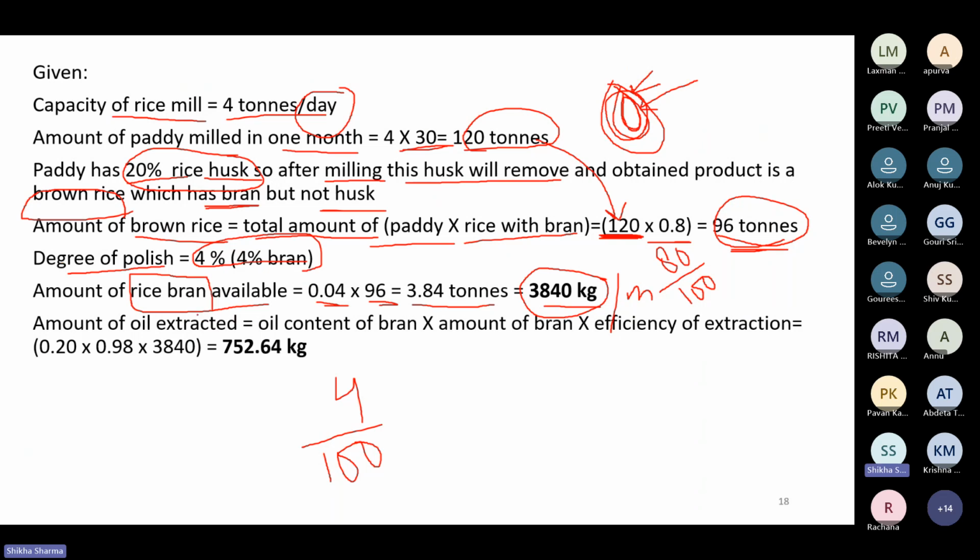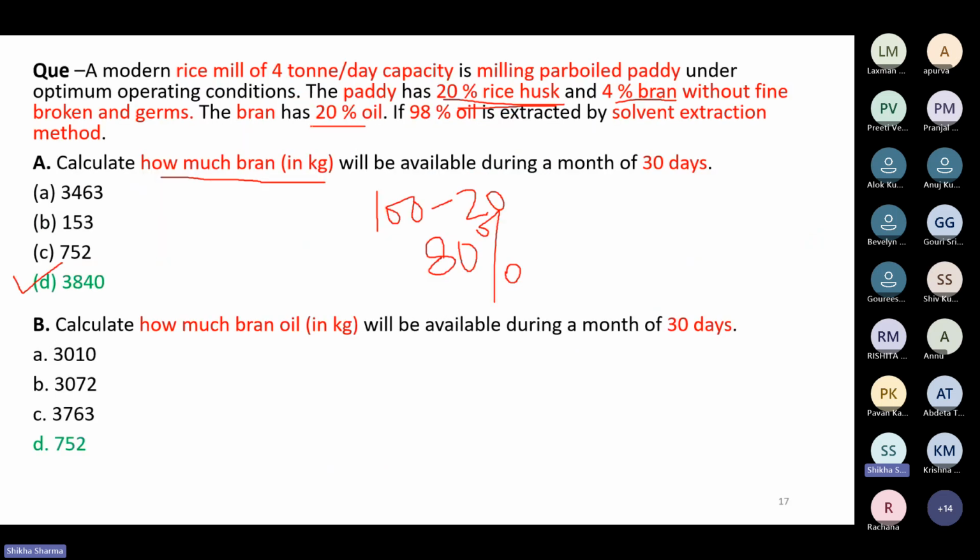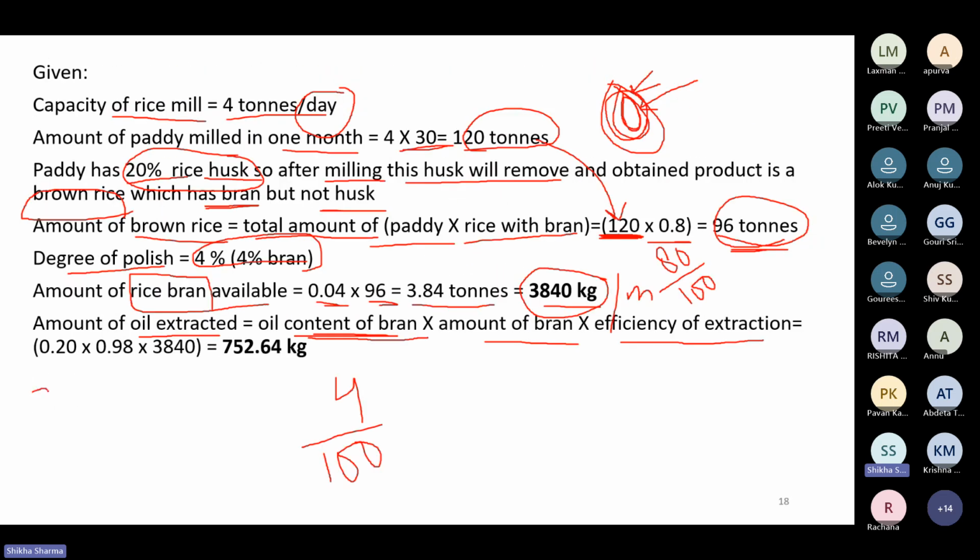Then we need to calculate the amount of the oil extracted. So the amount of the oil extracted equals the oil content in the bran into the amount of the bran into the efficiency of the extractor. The oil content in the bran is, as given in the question, 20% oil. So 20% means 20 divided by 100, into 0.98.